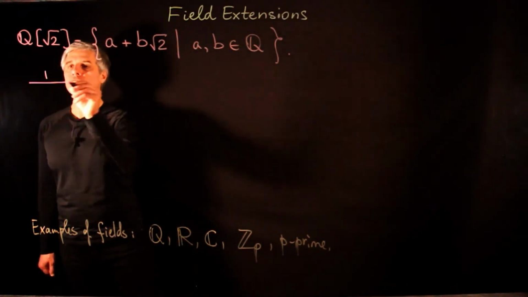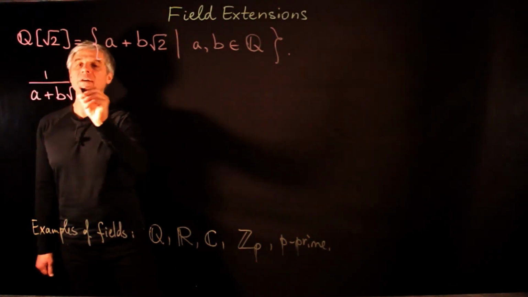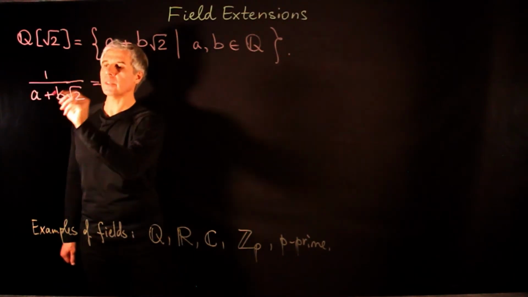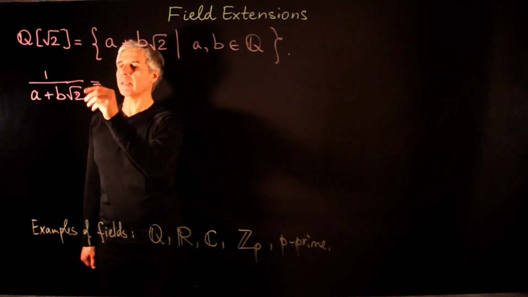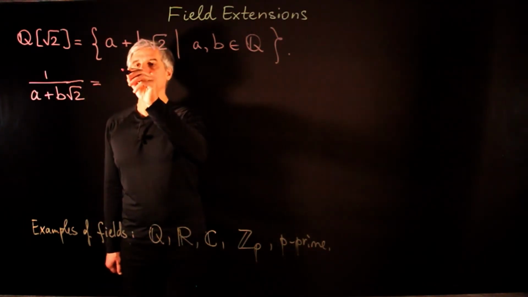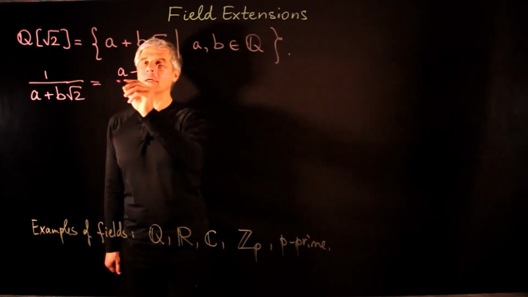And this inversion is done via so-called rationalization. If we take the fraction 1 over a plus b square root of 2, then we multiply numerator and denominator by the conjugate expression, a minus b times square root of 2.